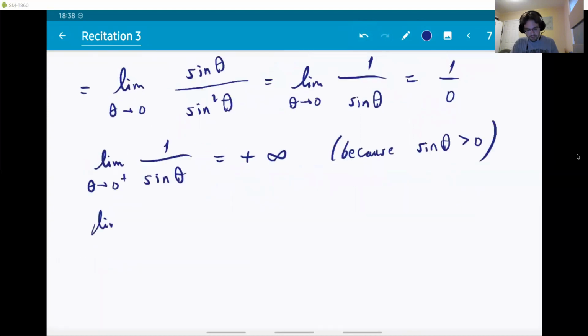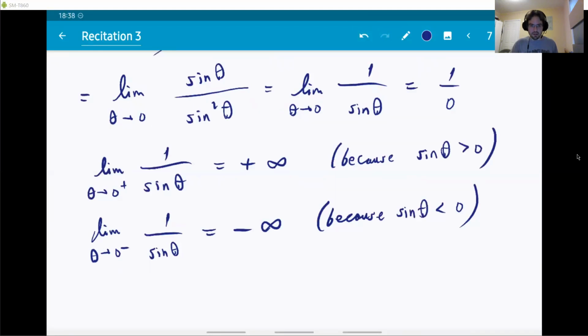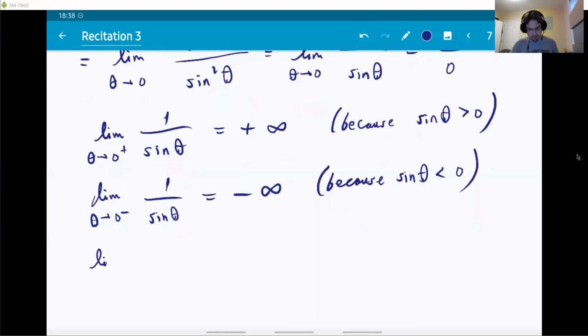Whereas if you're coming from the left, then sine theta is a negative number. Again, just think of the graph of the sine function. So we have two separate answers for one-sided limits. Meanwhile, the limit does not exist, precisely because we had two separate values. That was item A.